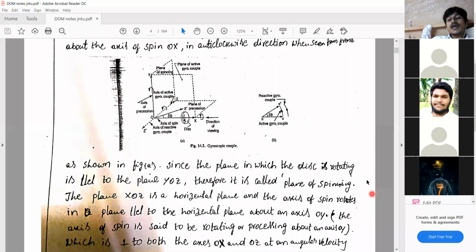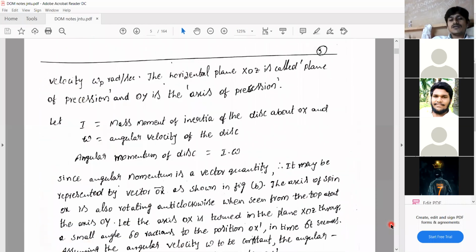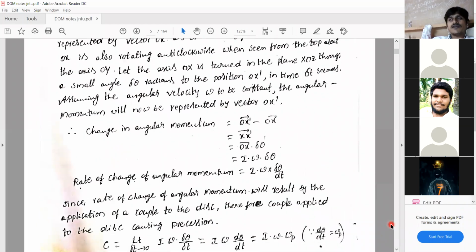But when you are calculating the XX dash value, what is the value? How do they write it? XX dash, a simple formula: R into theta, for calculation of the curvature arc. Similarly, R here means OX, into del theta.